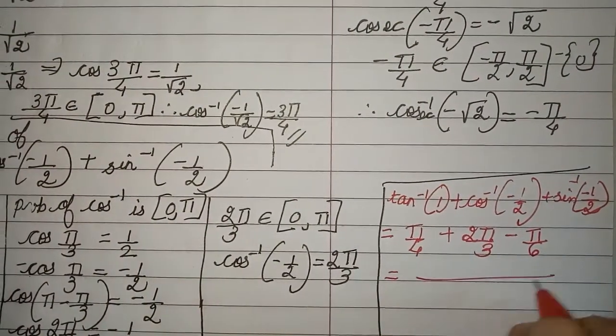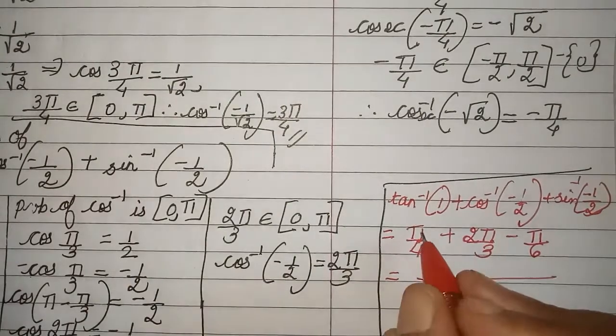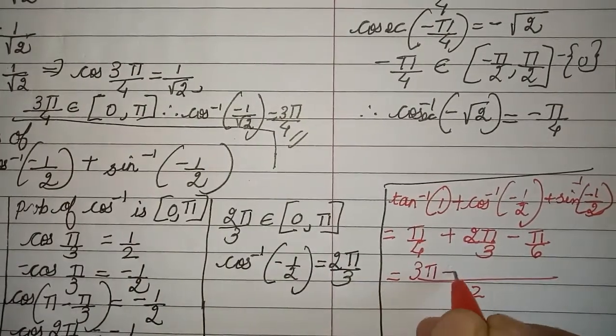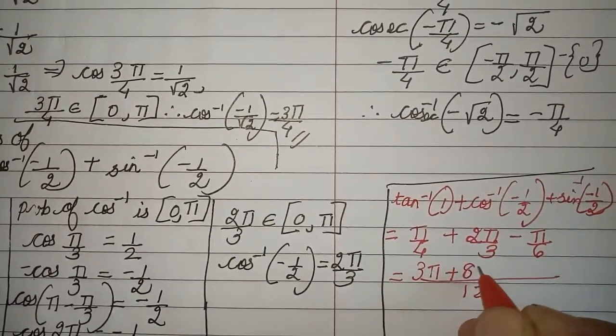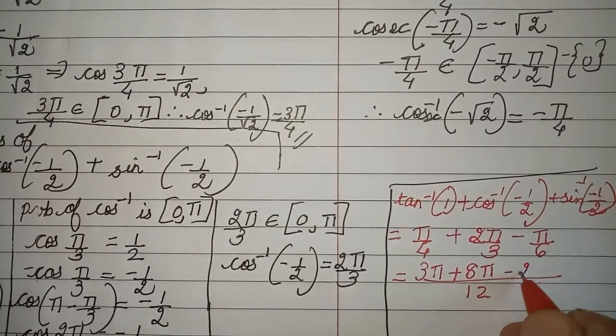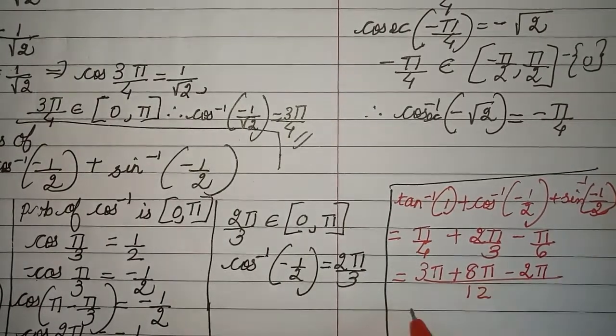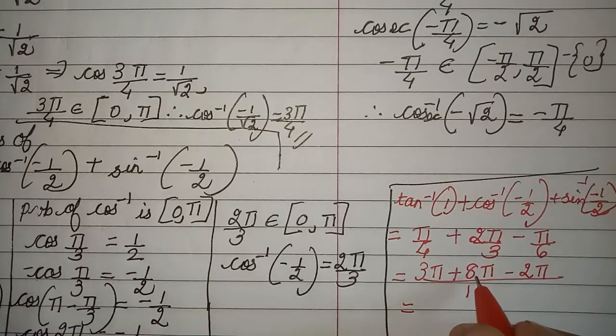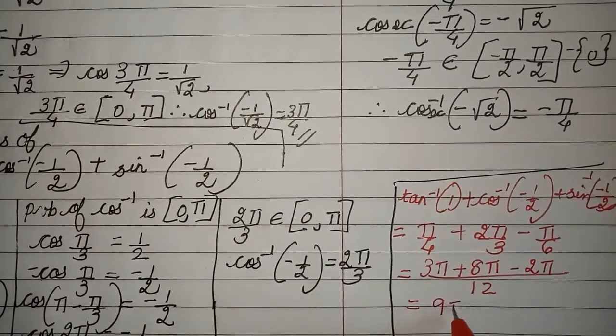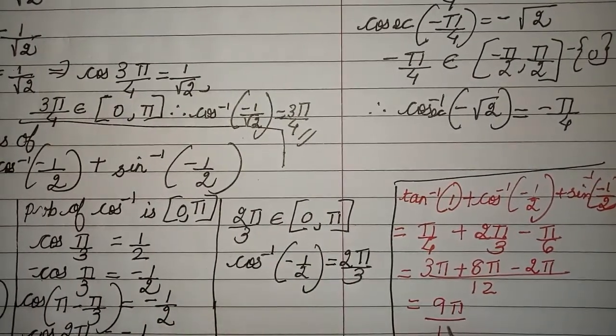It's a matter of solving. Take an LCM of 12, 3, 4 and 2. So 11 minus 2, 9 pi by 12.